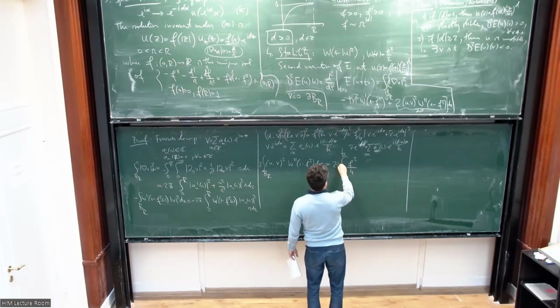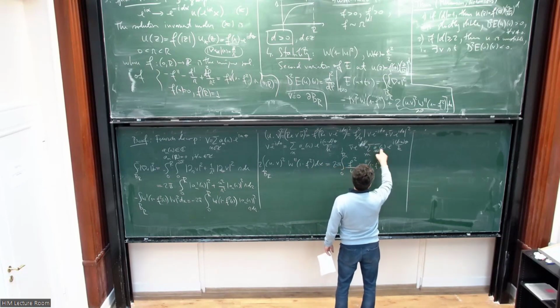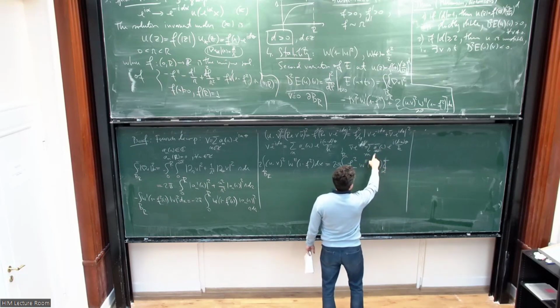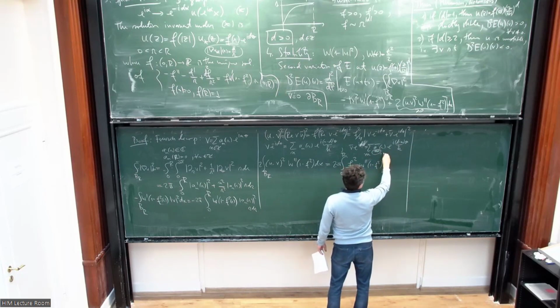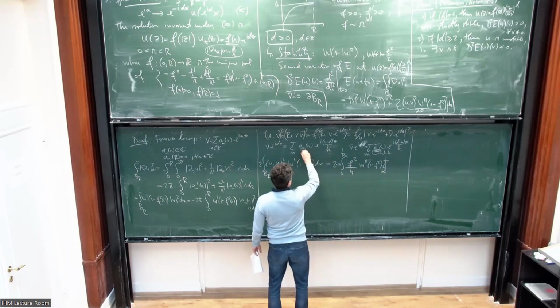Then I will have plus 2 pi. And then here I have the W second (1 minus f squared) and the sum over k. So right, this m will be d minus k, and this n will be d plus k.